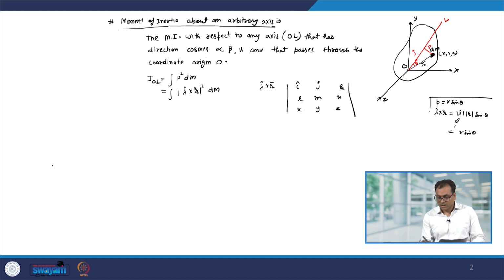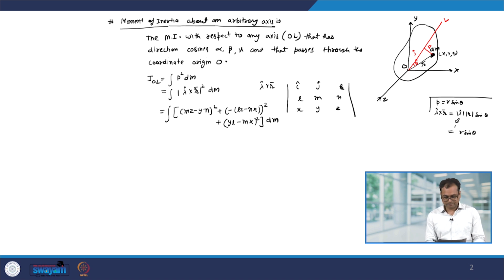So, this will be equal to integral of (mz minus yn) square plus (minus (lz minus nx)) square plus (yl minus mx) square into dm, because there is a mod. So, there will be this plus sign.